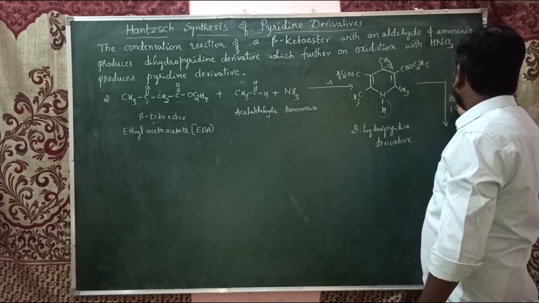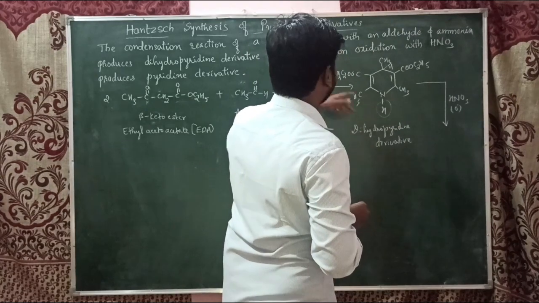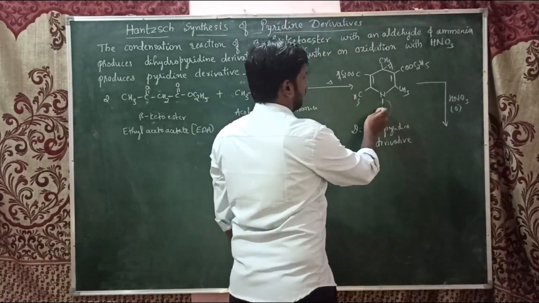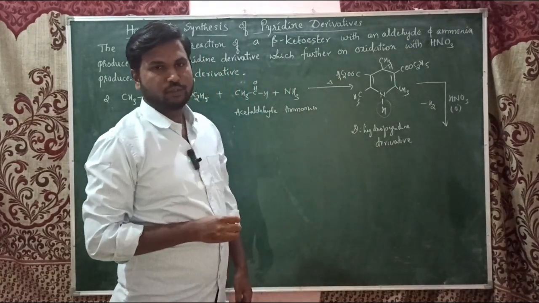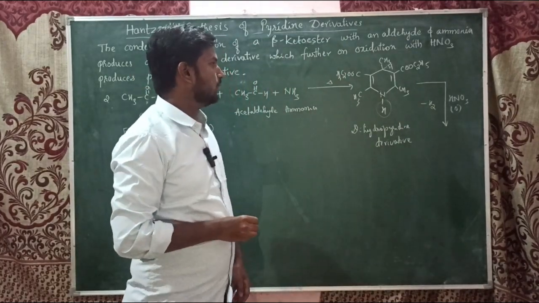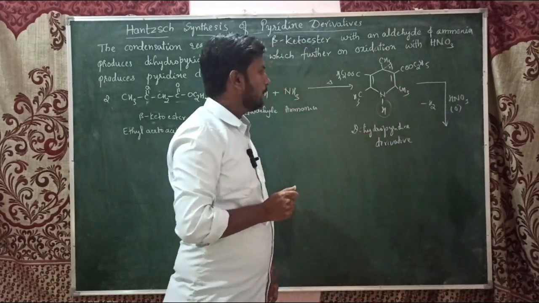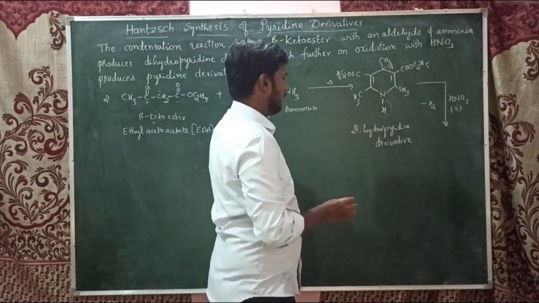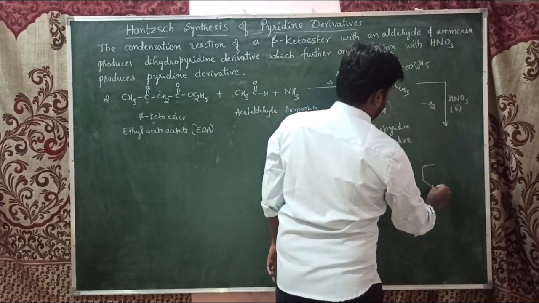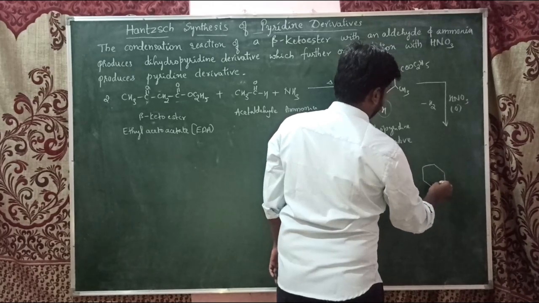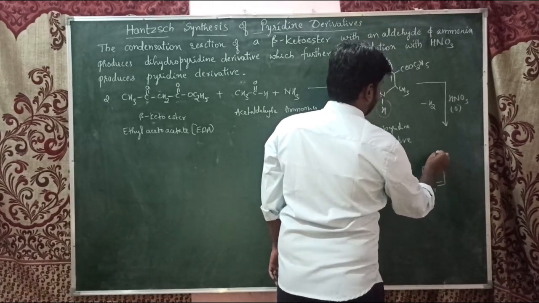As usual, it further undergoes oxidation with HNO3. So now it will produce a pyridine derivative. Here there is removal of H2, dehydrogenation. Dehydrogenation is also known as oxidation. So removing this hydrogen and this hydrogen will give us a pyridine derivative.